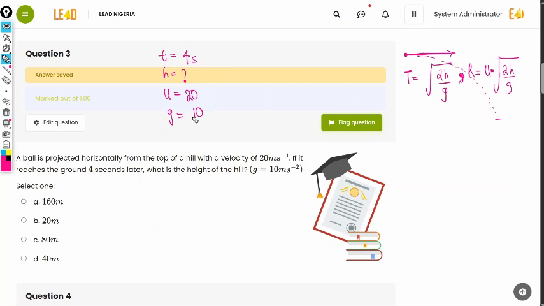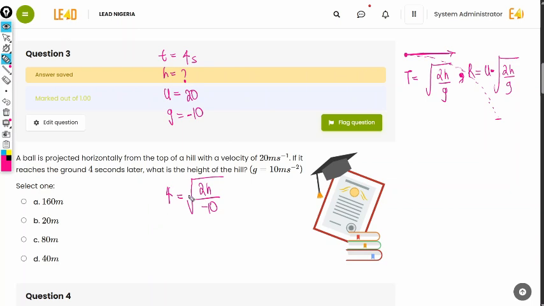So 10 or negative 10, right? If I'm using negative 10 here, then that means that my height would be negative, basically. All right, so whichever way. So we have all of these variables here. I think we can use the first formula, right? We don't need u for anything. We just need t, h, and g. All right, so that will be 4 is equal to the square root of 2h over negative 10.